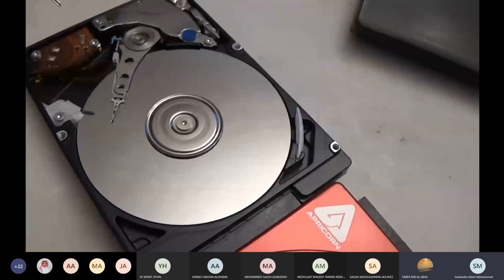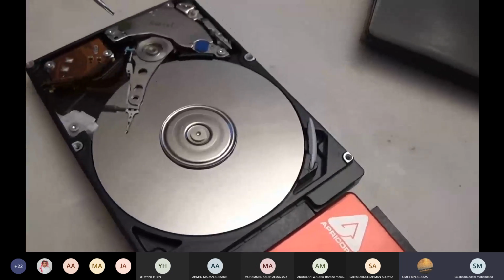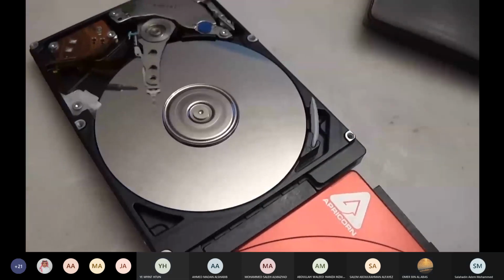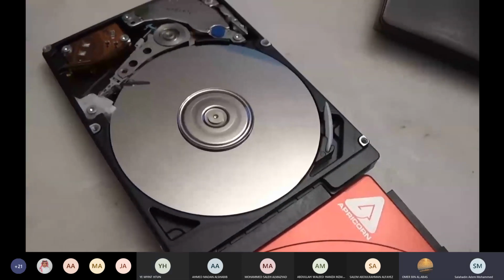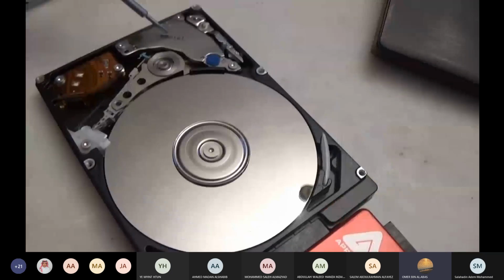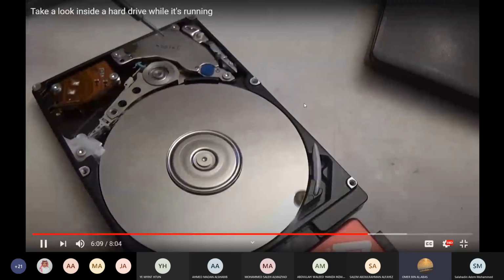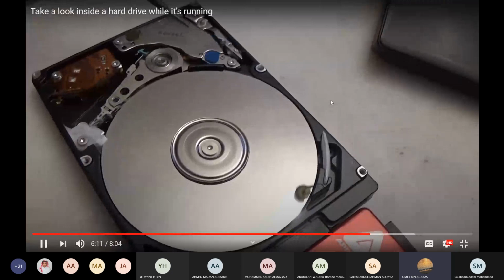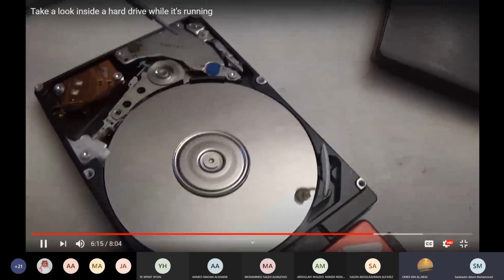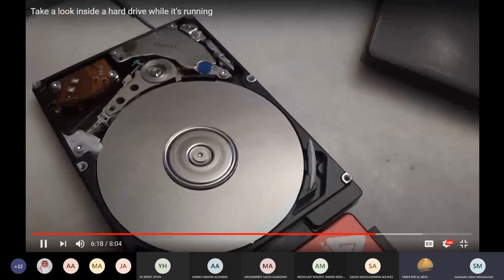There are 4 of them in this case, maybe. It's reading and writing now, and it moves between the different tracks. This is where the head is.